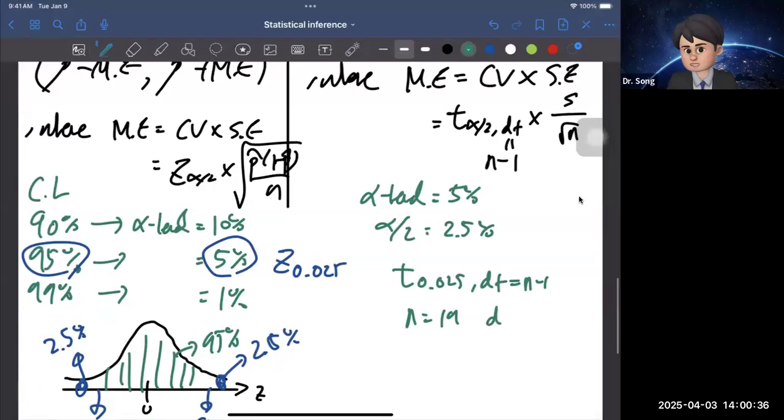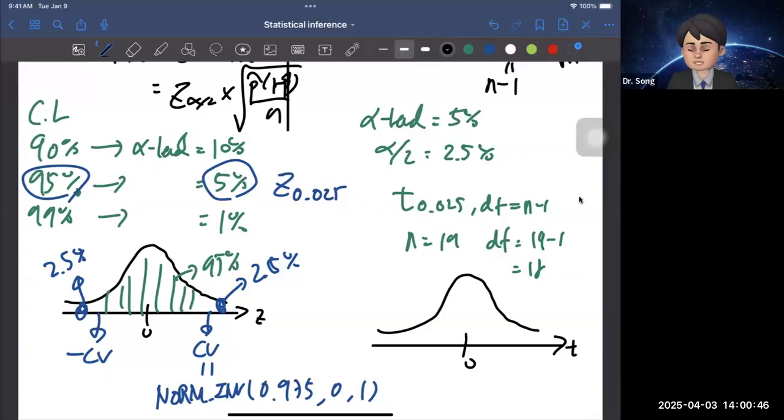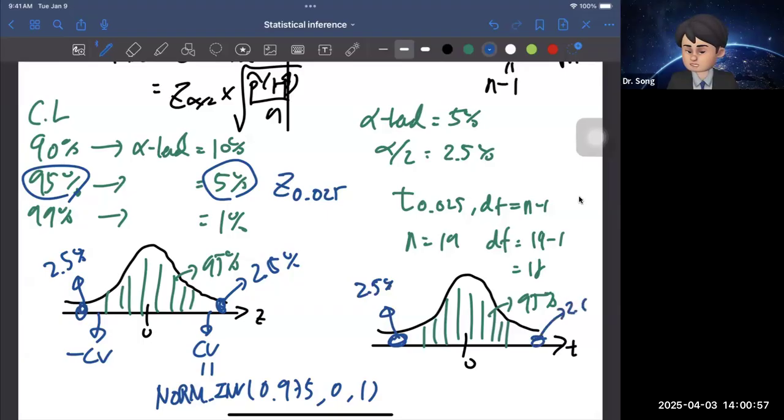In this case, df is 19 minus 1, which is 18. And you can draw the t distribution like this. Now the x-axis is the t distribution, t, and here the center is 0. For the 95% confidence interval, this shaded area is same as before, the 95%, and this is the 2.5%, and here is 2.5% as well.